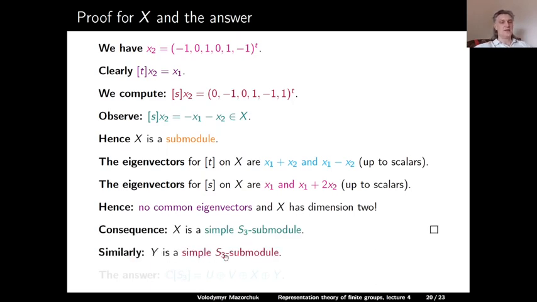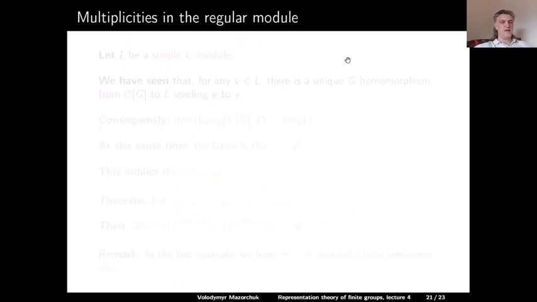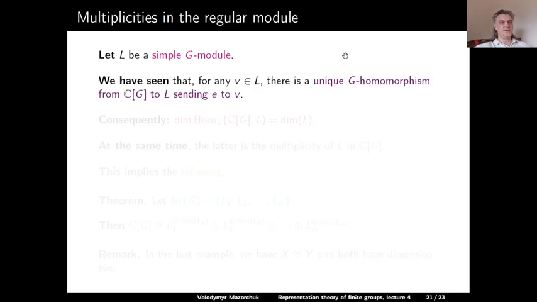Similarly, Y is a simple S3 module. And directly from the construction, we see that the left regular module is a direct sum of U, V, X, and Y. Finally, let us discuss multiplicities in the regular module. Let L be a simple G module. We have seen that for any v in L, there is a unique G homomorphism from the regular module to L, sending the identity to v.